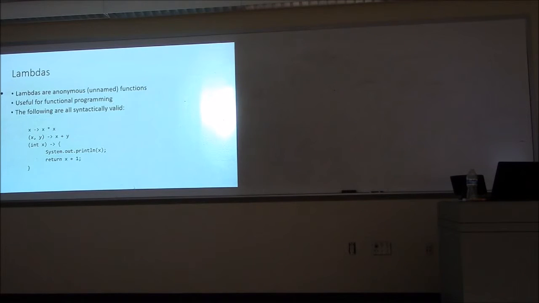So you'll notice that the parameters in the first two cases don't have types listed. That's because lambdas use type inference to determine the parameter and return types. So wherever this lambda is used, it will figure out what types x and y need to be, and what the resulting type of the expression is. But you can specify the parameter types if you want to.